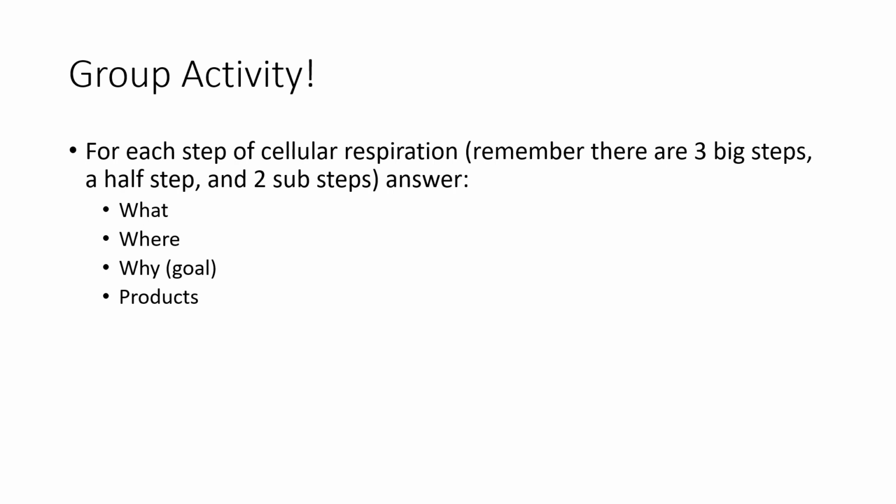And remember that there are the 3 big steps, a smaller half step, and 2 sub-steps that we just talked about. And underneath each of them, you should write down what it is, where it's happening, why it's happening, or the goal of that process, and then the products and where the products are going to be going. That should give you a good idea of how well you're understanding the material.